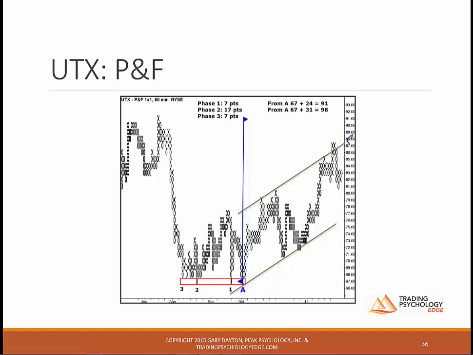So if I'm in here at 87 and I know that we're getting overbought, I'd start thinking maybe I should take at least a piece, if not the whole thing off, because we're at 87, 91, that's 4 points. Do I want to give up 10 to try to get 4? Probably not.